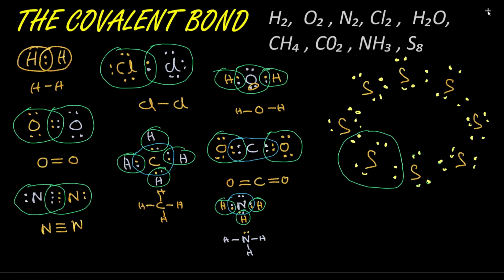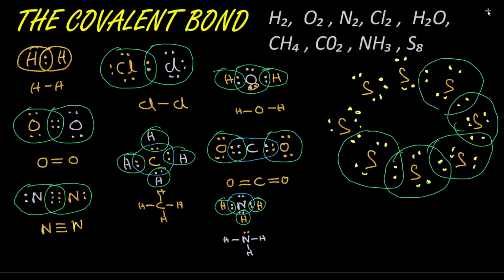So same, you can see now it has 8 electrons. This too has 8 electrons. 2, 4, 6, 8, 2, 4, 6, 8, 2, 4, 6, 8. So this is how sulfur molecule is formed.